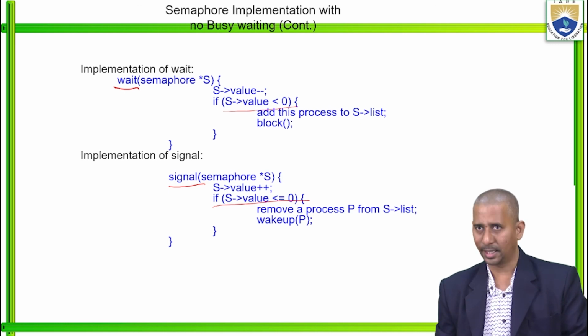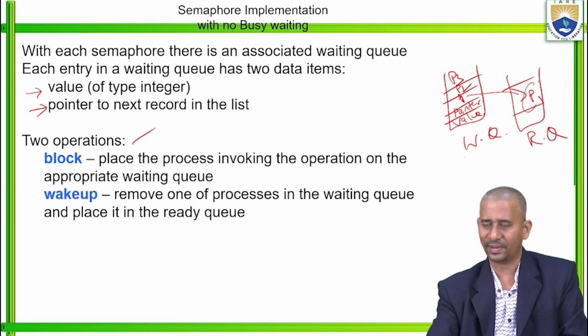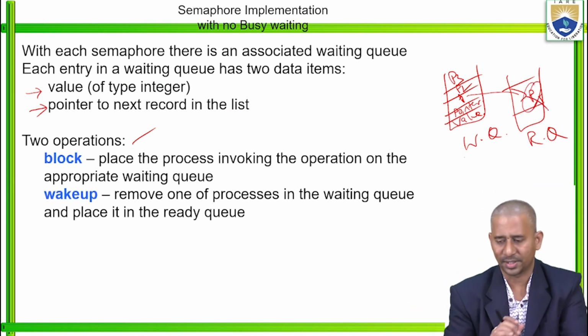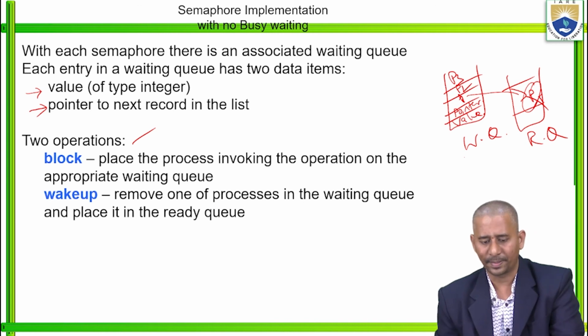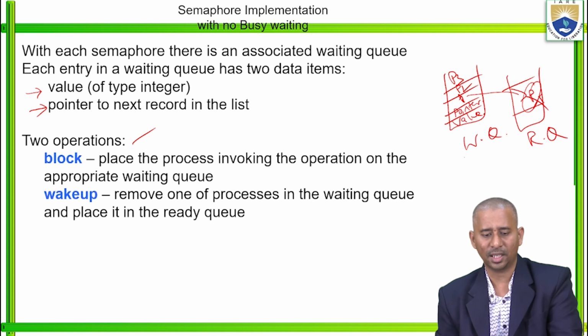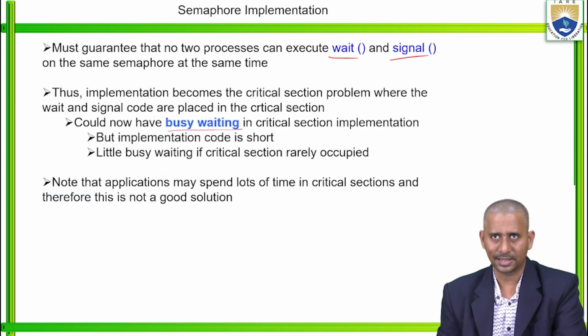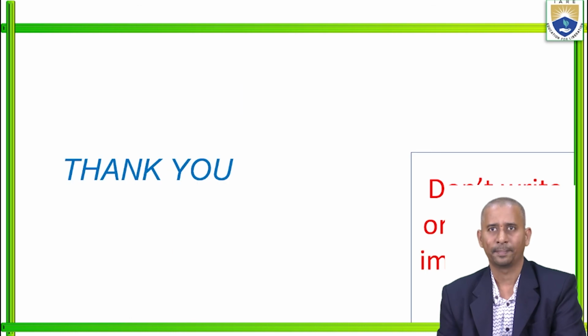So that means, after completion of its work, we need to remove that particular process from that list. So these are the two operations, block and wake up, right? That is the semaphore implementation with no busy waiting.